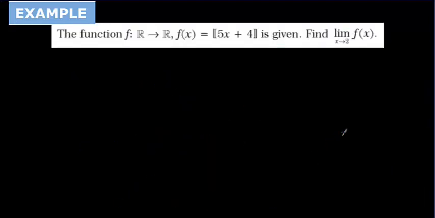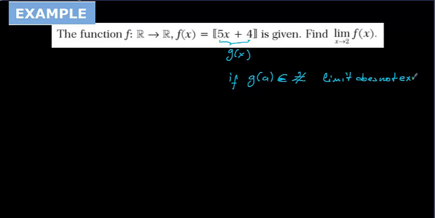For the greatest integer functions, we need to know this one. Let's say this part is g of x. If g of a is an integer, an element of Z, which represents the integers, then the limit does not exist. We need to know that one.